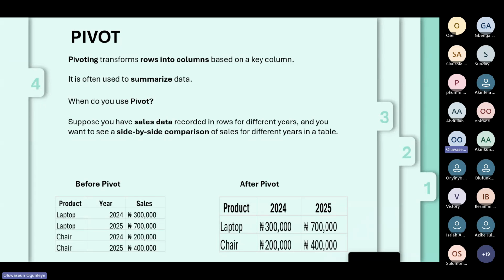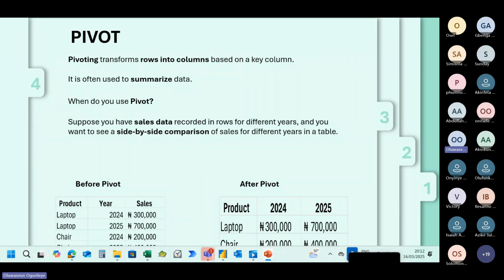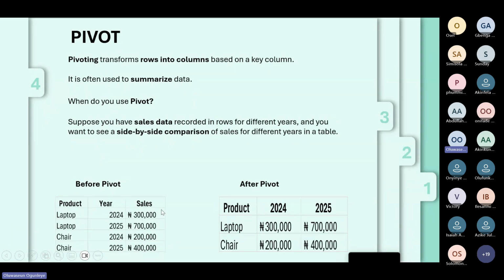So look at this data now. This is the data before pivoting. Before we pivoted the data, we have products. Under product, we have laptop, laptop, chair, and chair. Then the next column we have year.